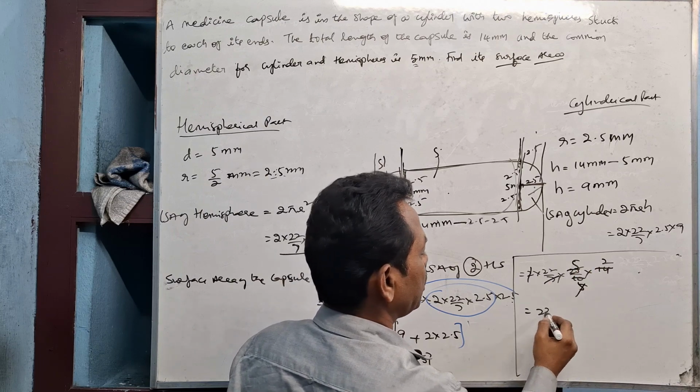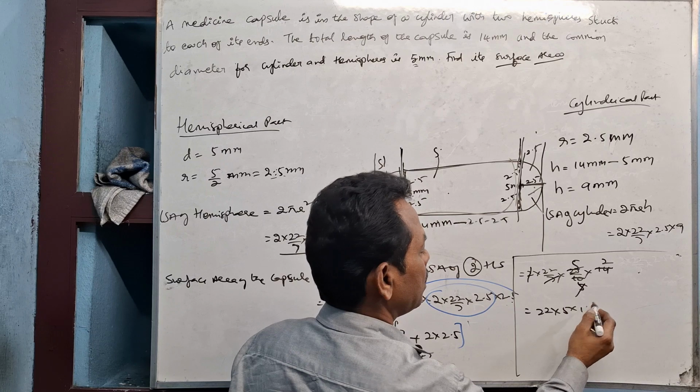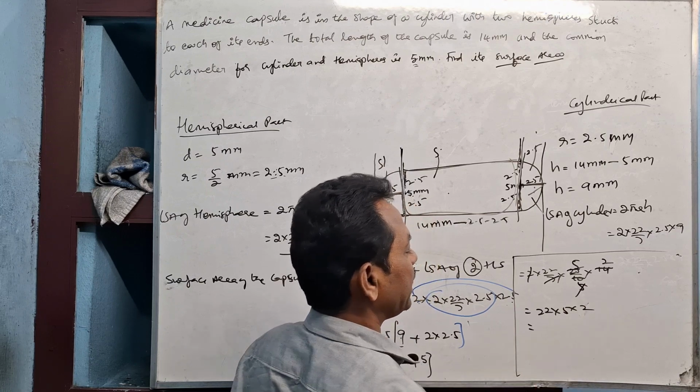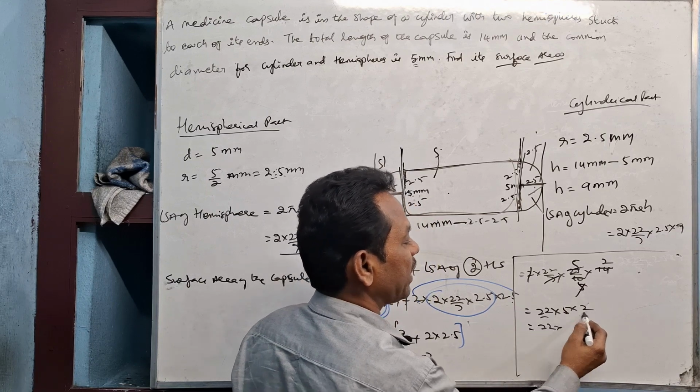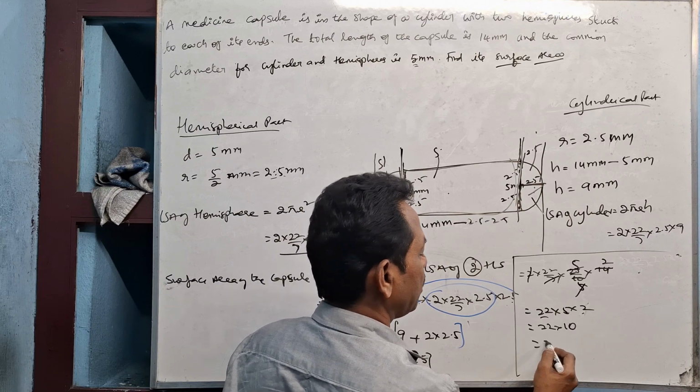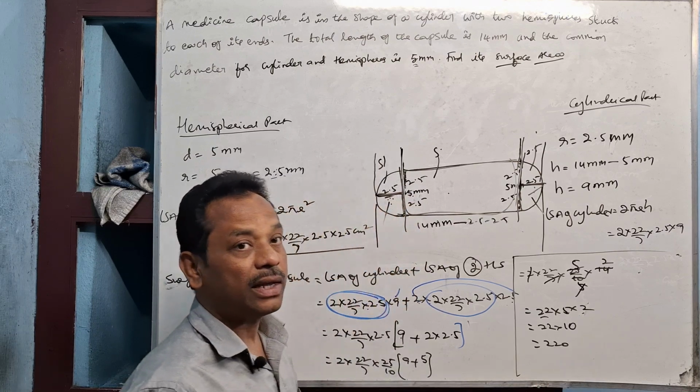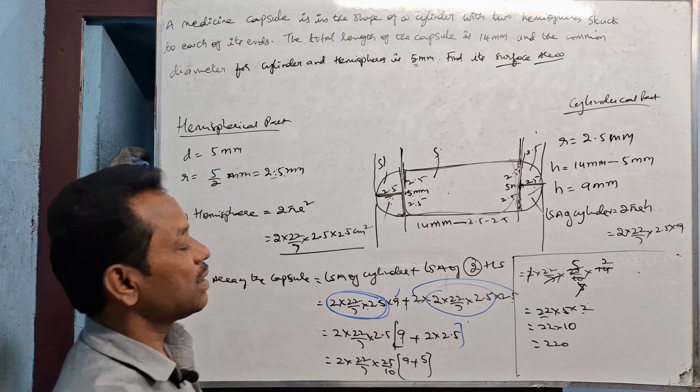So here we have 22 into 5 into 2. 22 into 5 tens are 10, so we'll get 220. So 220 is the LSA of that capsule.